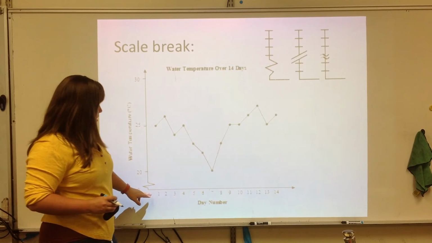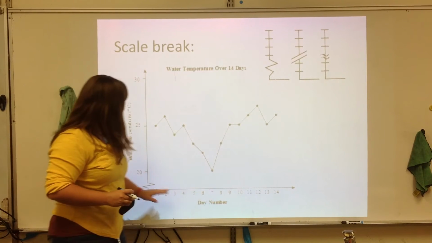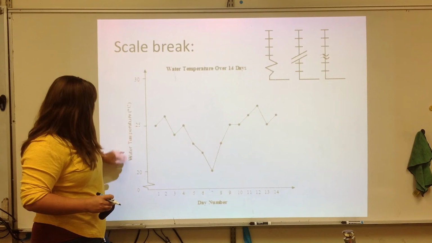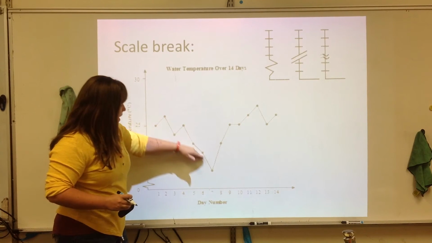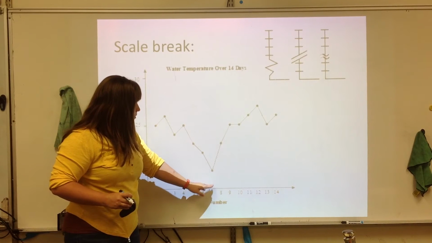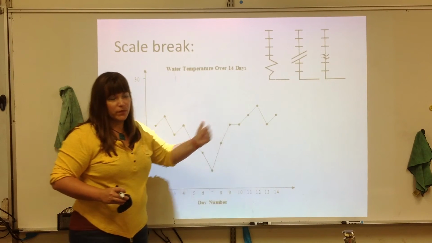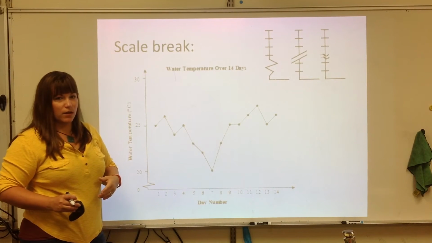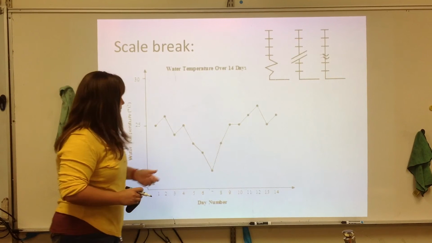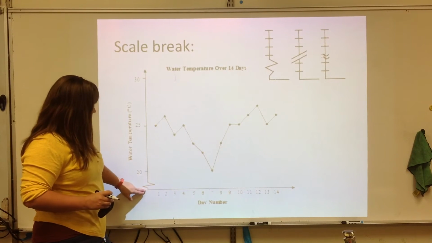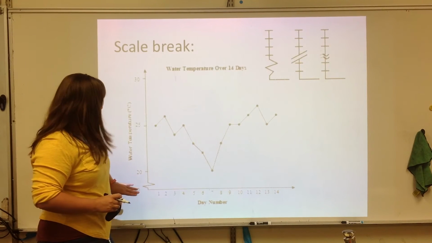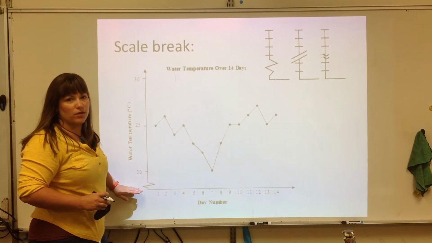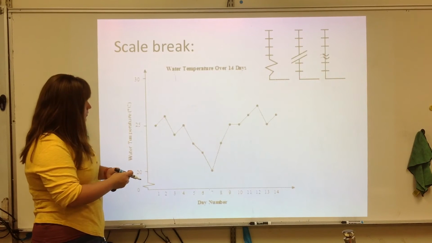So you can see that from day 1 to day 7, the water temperature of a pool, perhaps, is going down, and then after a week, it starts to go up. Or it might be the water temperature in a pond or something. So this line break is something to pay attention to. You can use them, but be careful, and that lets you know that there is a break in the scale.